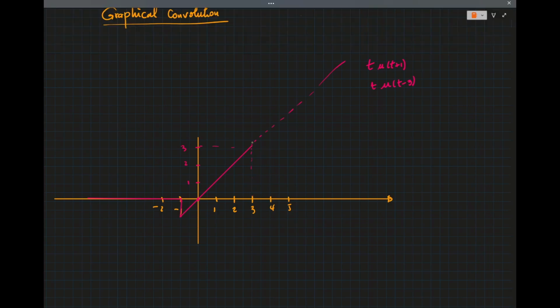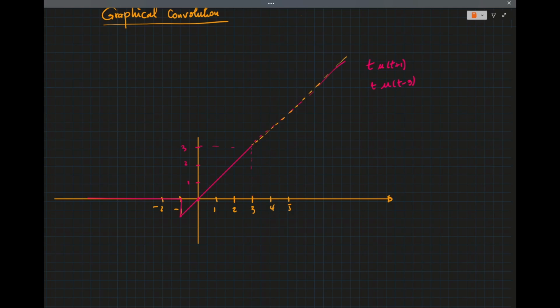So we have this line still. At t equal to 3, we have 3 for this one as well, so that other line is on top of this.